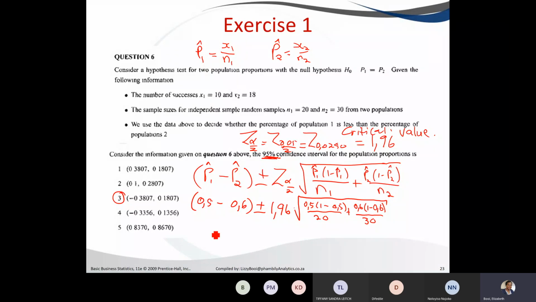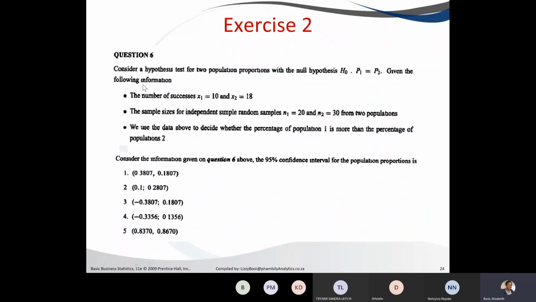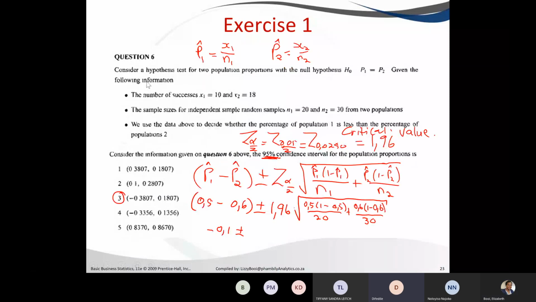So this is minus 0.1 plus or minus. When you calculate the whole right-hand side after the plus or minus, what do you get? 0.28062929. So then they can work it out.